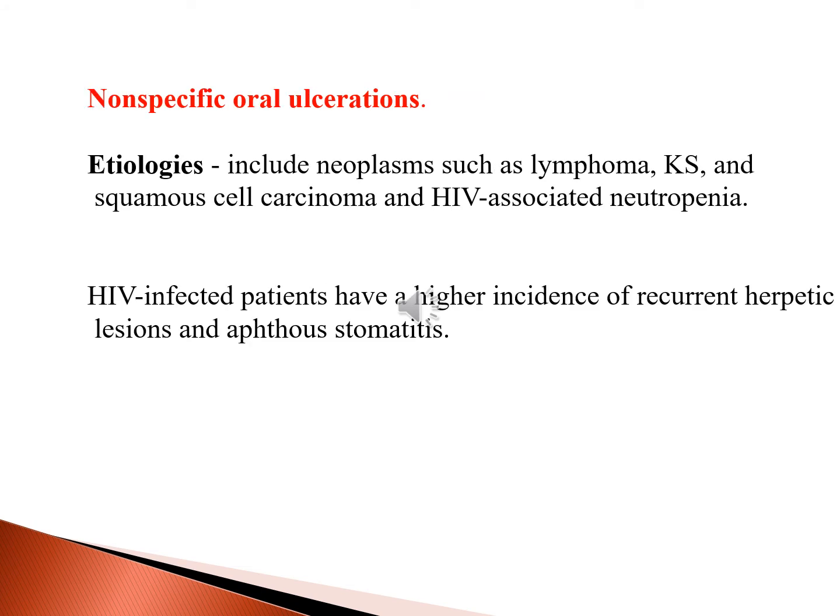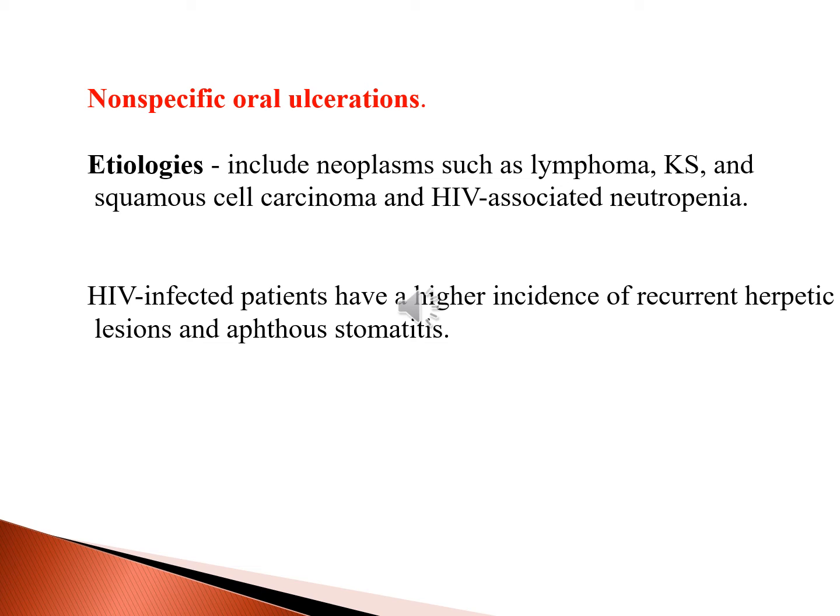A variety of non-specific oral ulcerations are found in patients with HIV or AIDS. The etiology might be related to many types of neoplasms which develop in such patients, such as lymphoma, Kaposi sarcoma, squamous cell carcinoma, or HIV-associated neutropenia.